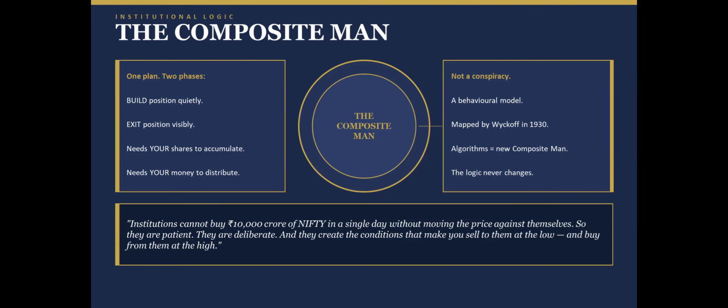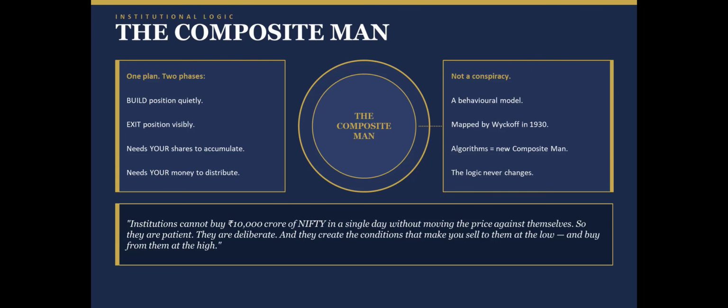But what happens is when multiple people or multiple institutes take similar action and build their positions quietly, this can lead to accumulation or distribution. And institutes are fighting against each other. One institute may be accumulating and another institute may be distributing. Whichever institute is stronger will take the lead and make things happen in their favor.